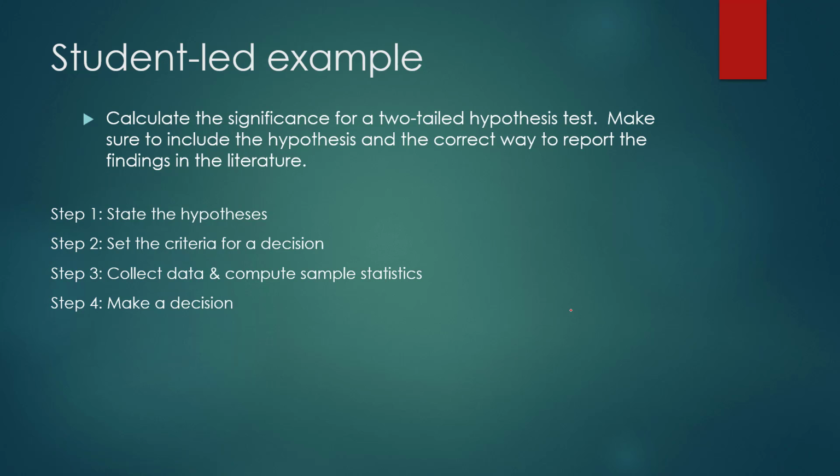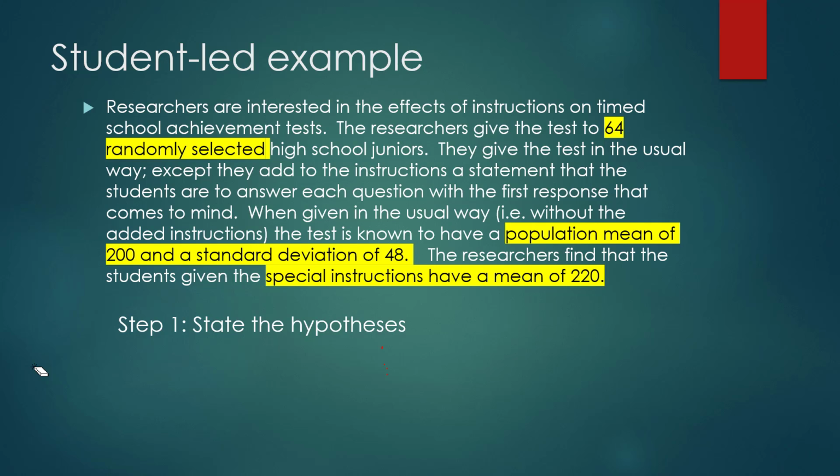So now we're going to go through those same steps that we went through in the previous video. The first step is to state the hypothesis. And remember, we said that the mean was 200. So that means that our null hypothesis is going to be that the mean of the treatment is going to equal the mean of the population, or that the mean of the treatment group equals 200.